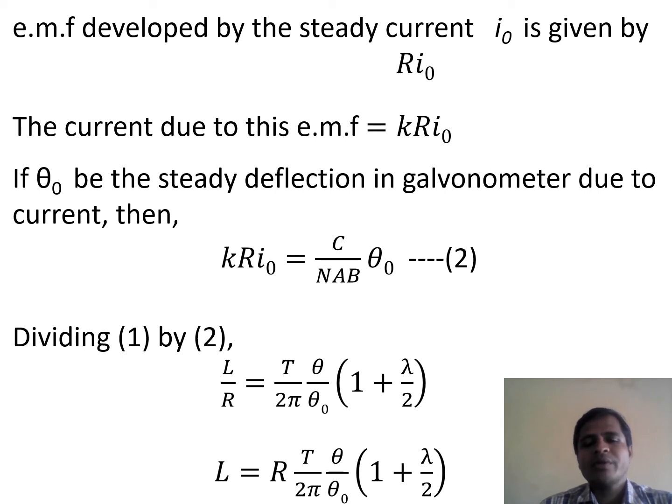So this equation gives the value of inductance or the self-inductance of a coil, that is L is equal to R into T upon 2 pi into theta by theta naught into 1 plus lambda by 2.